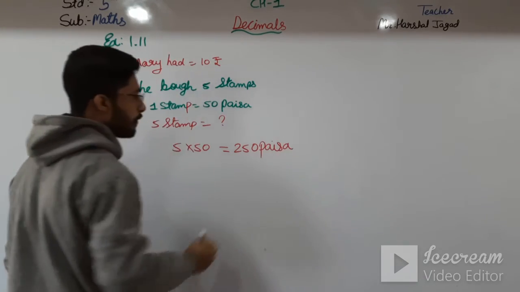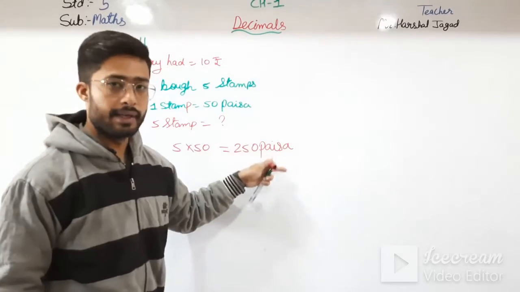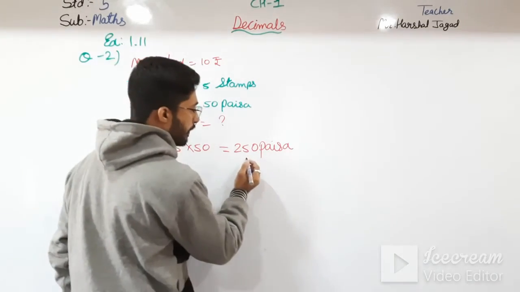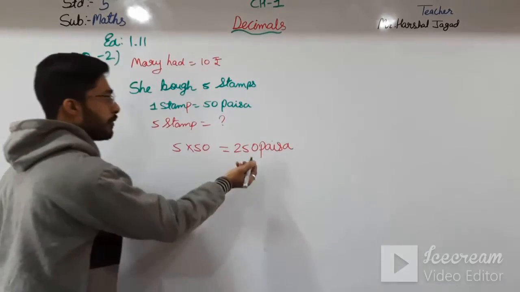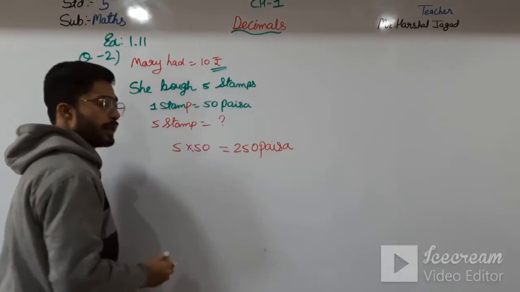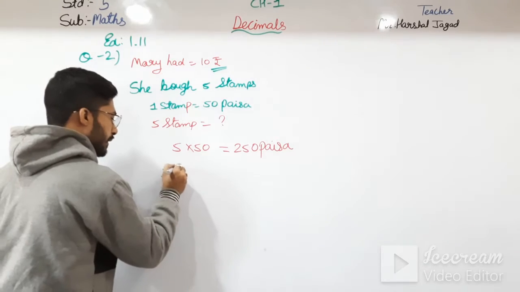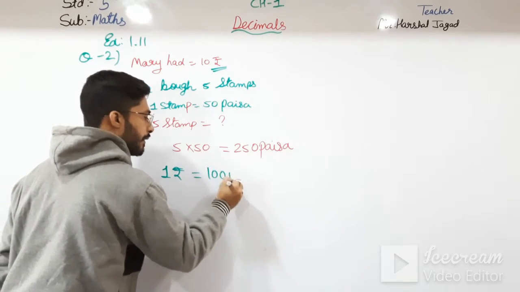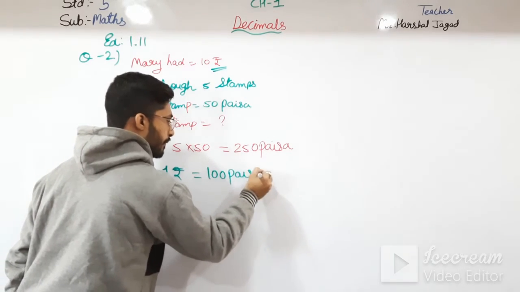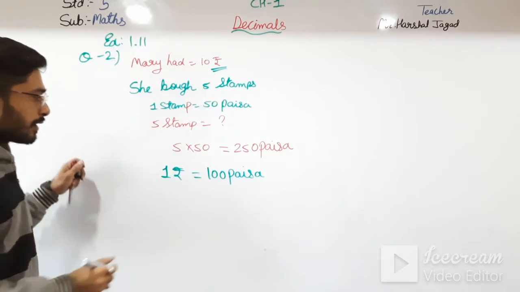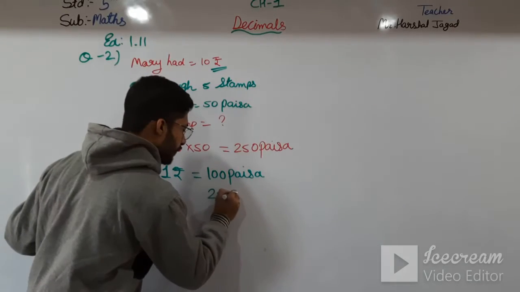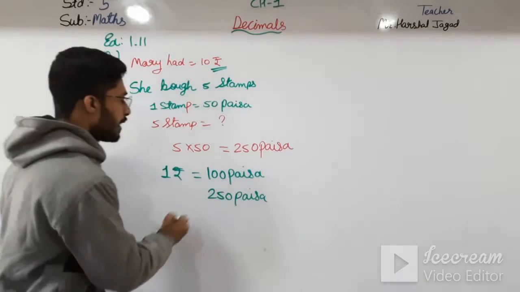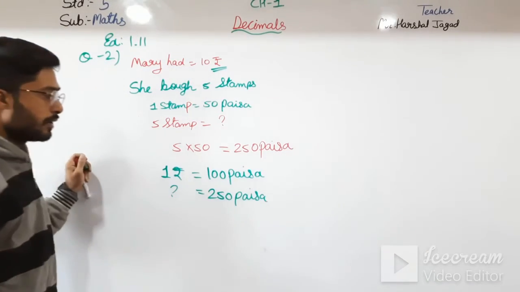And here don't forget to write the unit. Okay, now 250 paisa, and we have to convert this into rupees. So 1 rupee is equal to 100 paisa. Then 250 paisa is equal to how many rupees?